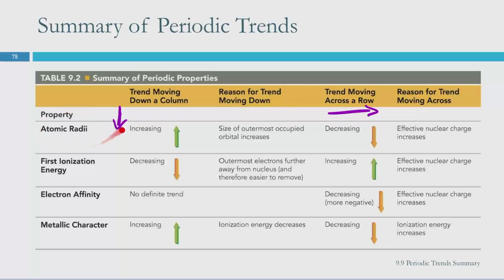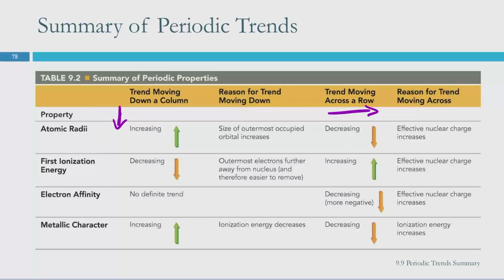So as we're moving down a column, atomic radius increases. And for atomic radius, when we move across a row, when we move left to right, we're increasing effective nuclear charge, and so that causes the valence electrons to suck in a little bit.